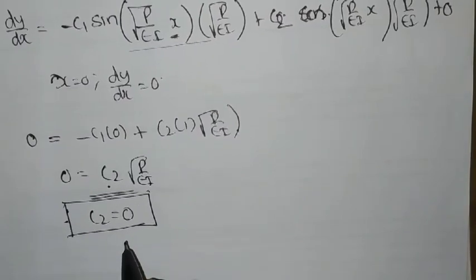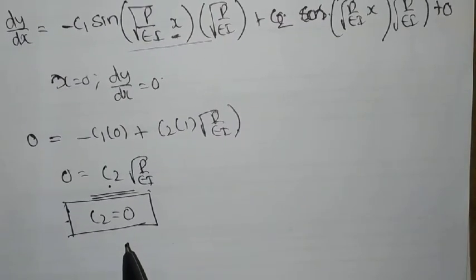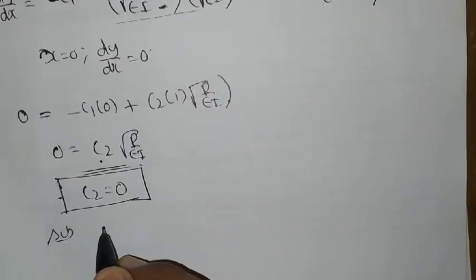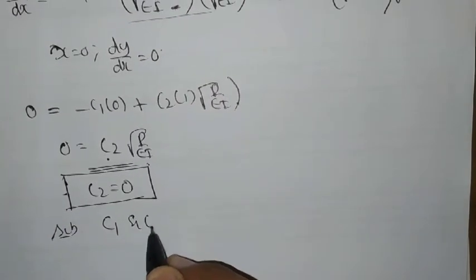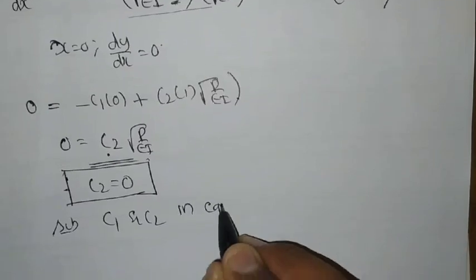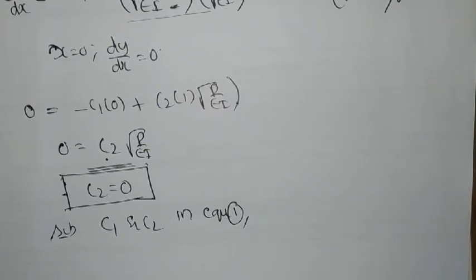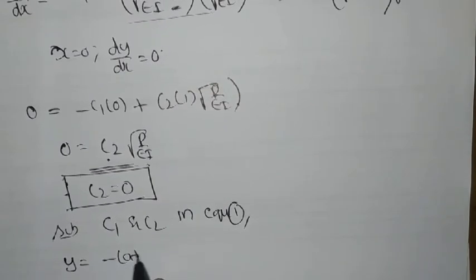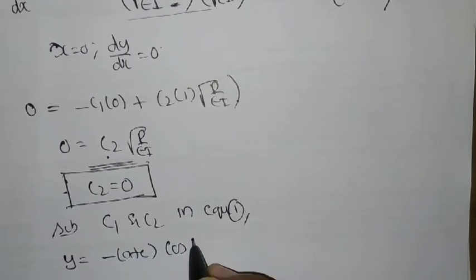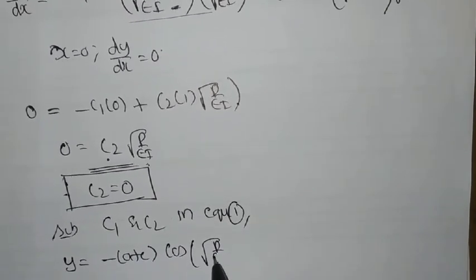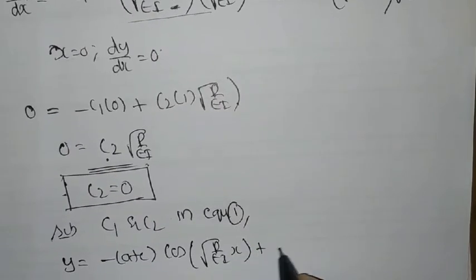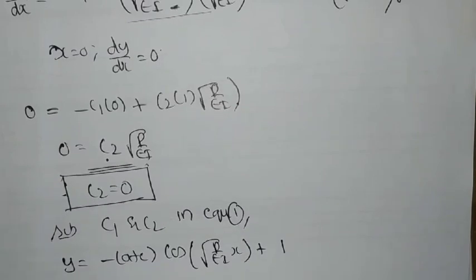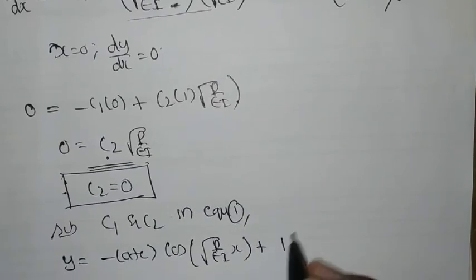Now we have to substitute the values of c1 and c2 in equation number 1. By substituting, y is equal to minus of a plus e into cos of root P by EI into x, plus the constant a plus e, which I have directly substituted.